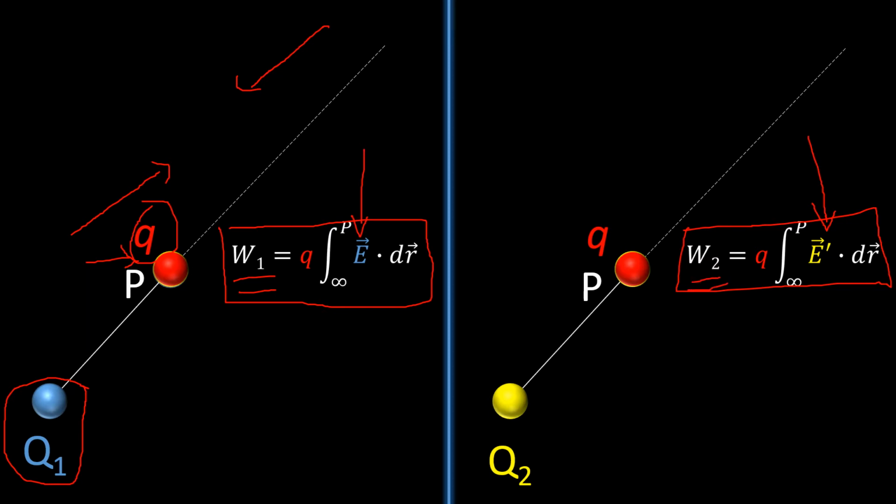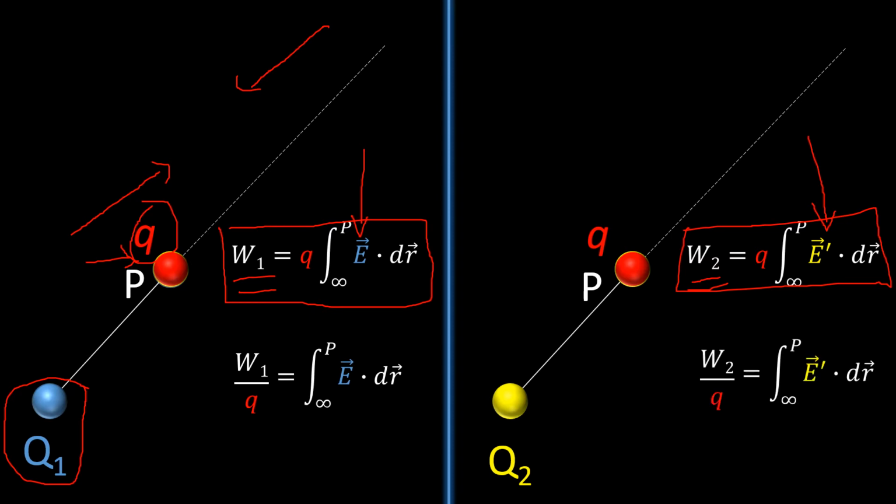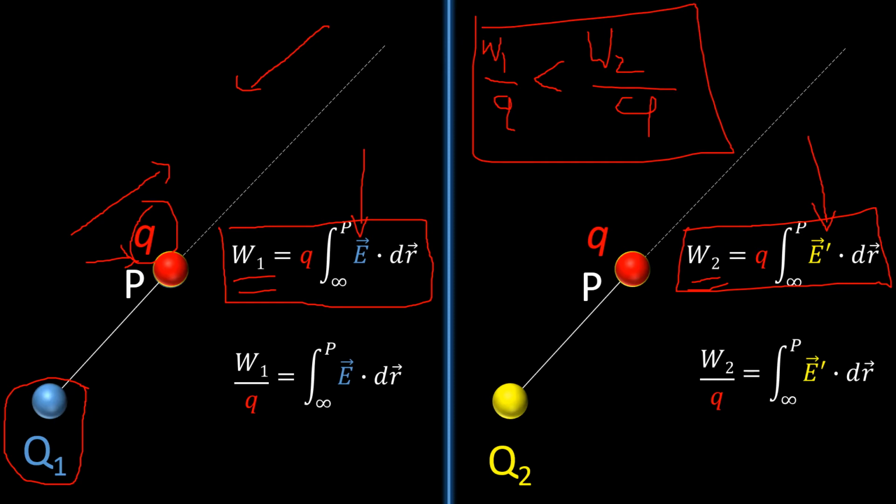Okay, let us define a quantity now. Say W1 by q and W2 by q. Now if we calculate and come to the result where W1 by q is less than W2 by q, what does it mean? This means that q2 is greater than q1, isn't it?